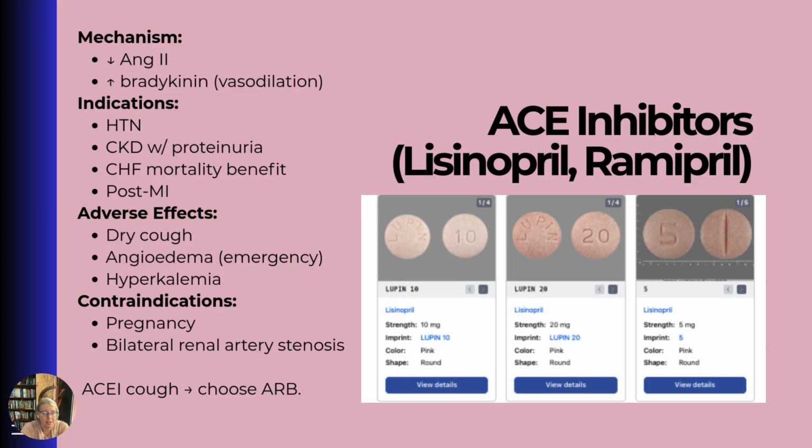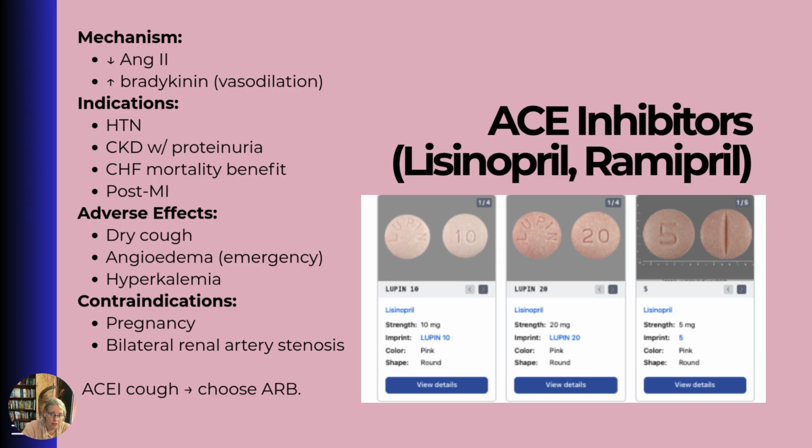So this is indicated with hypertension. It is indicated with chronic kidney disease with proteinuria. So if they're dropping proteins, there is some benefit. There is also benefit in congestive heart failure with ACE inhibitors, and it is commonly used post MI, myocardial infarction, to kind of bring some of the pressure off of the heart.